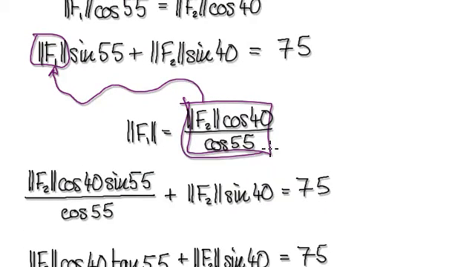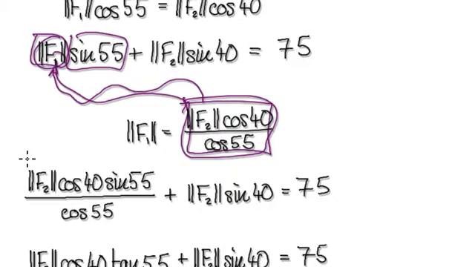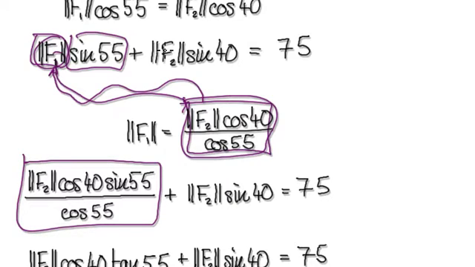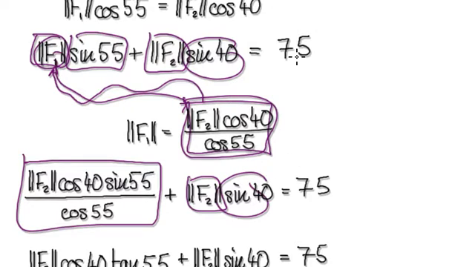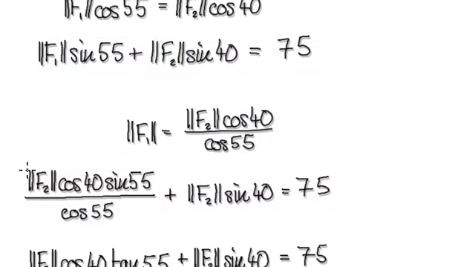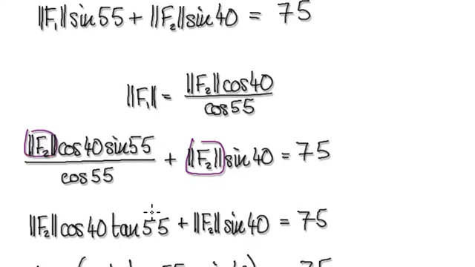Putting this thing here into here, and when you times this, it will give you this whole thing here, and then f2 sine 40, this. So that will take us to here. Now f2 is the only thing that we don't know, so we can just work it out.